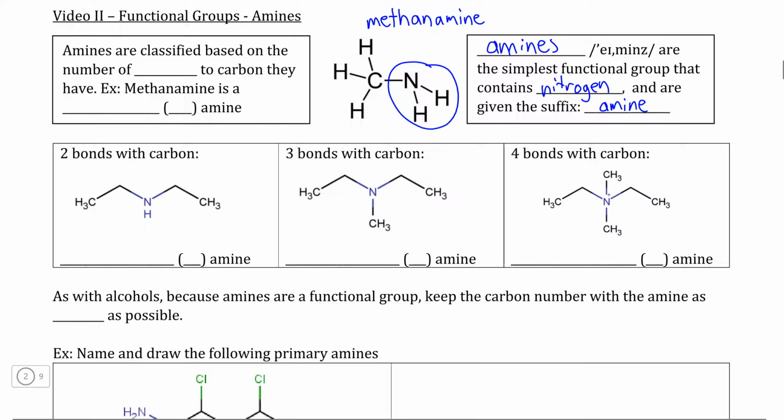Now, amines can get significantly more complex than methenamine here, including a unique classification system which refers to the number of bonds the central nitrogen of an amine has to carbon.